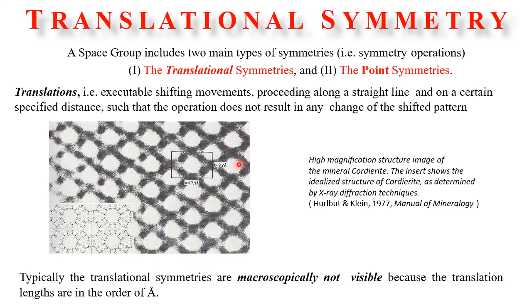Here we have an inset, which shows the idealized structure of cordierite determined by X-ray. If we repeat this unit cell or motif again and again by translation in different directions, we get the whole pattern. Typically the translation symmetries are macroscopically not visible because the translation lengths are on the order of angstroms.